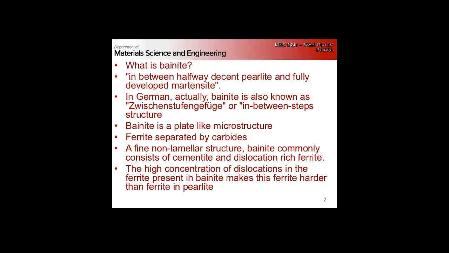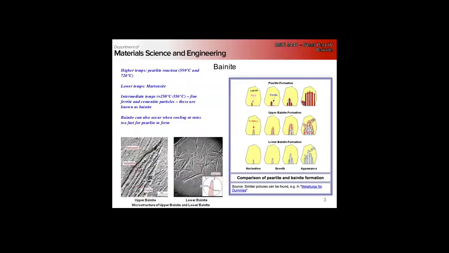We've got plates with carbides in between, and then a whole bunch of dislocations in the ferrite. And these dislocations make Bainite much harder than the ferrite in pearlite, right?